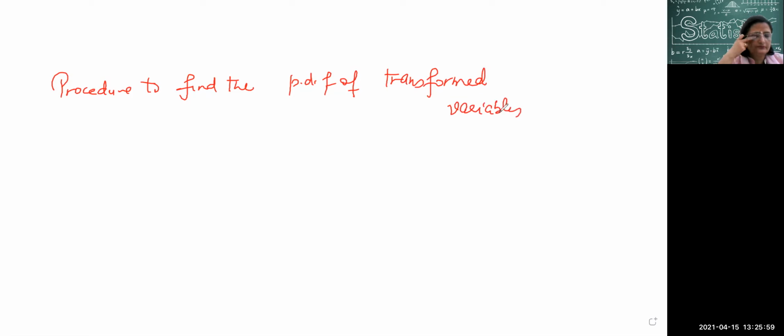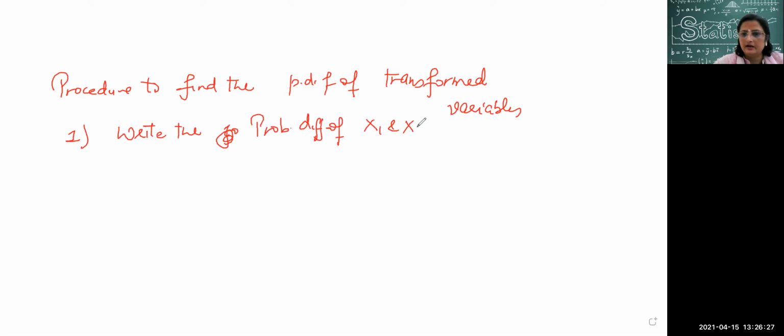Right? So what we will do here, step number 1 is, what do we write first? As we have given x1 and x2, they are following the chi-square distribution. So whatever distribution it is following, first of all, we will write the PDF of that distribution. So step number 1 is write the probability differential of x1 and x2, right? Number 2.